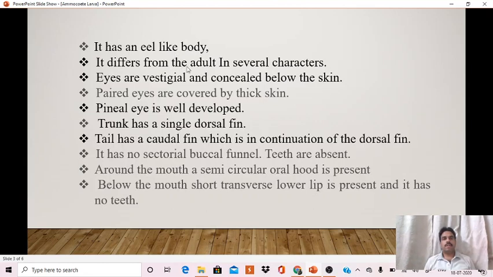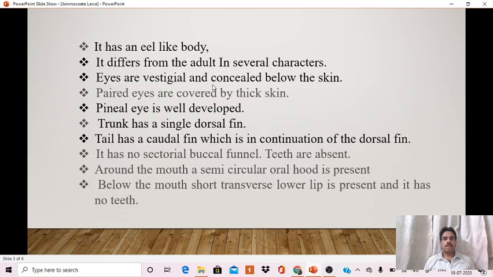It differs from the adult in several characters. The eyes are vestigial and concealed below the skin. Paired eyes are covered by thick skin.